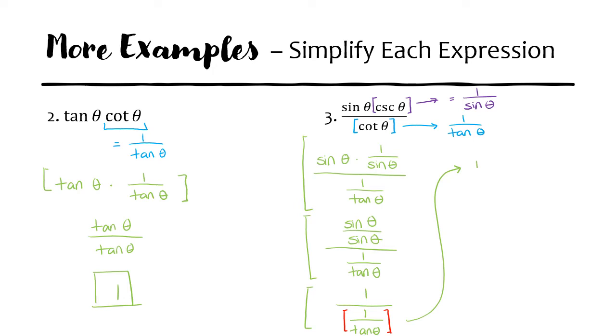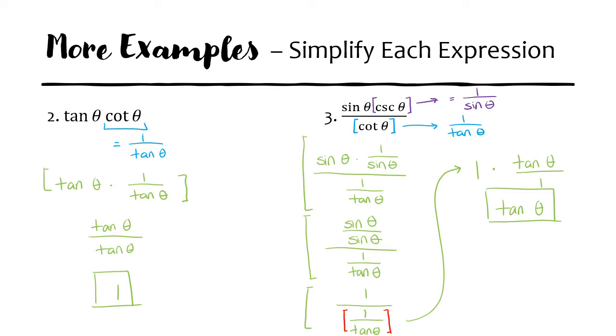So we're going to multiply 1 by tangent over 1. Well, 1 times tangent over 1 simplifies all the way down to plain old tangent. And that is our answer, plain old tangent.